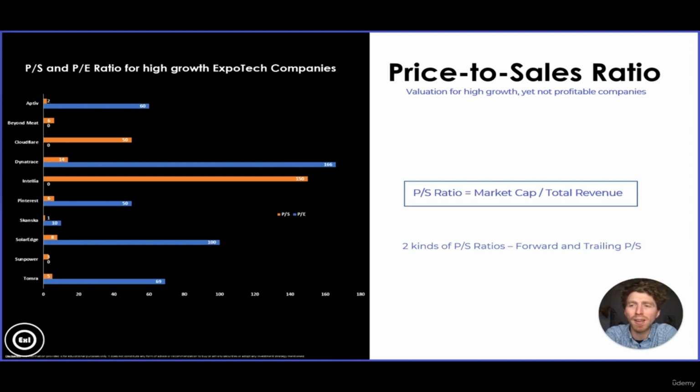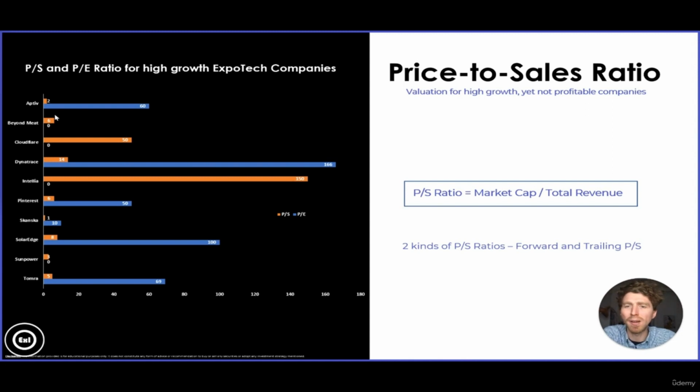And we can have a look at how they compare in terms of PE, but also PS ratio. Let me start with the PE ratio in blue. And there you see companies like Beyond Meat, Cloudflare, Intellia or SunPower. They don't even make profits, so you can't apply the PE ratio here. But it's possible to apply the PS ratio to all of them because obviously they're making revenues.